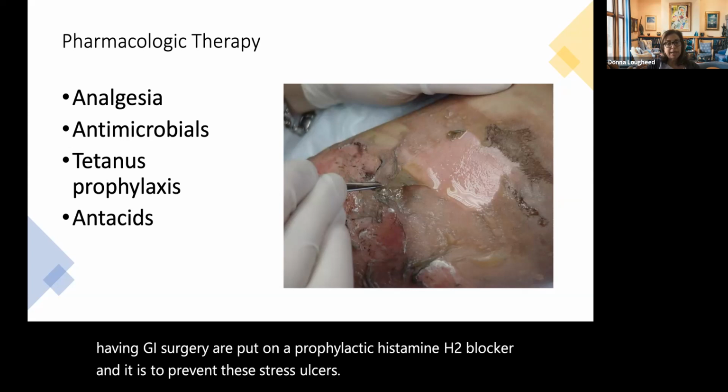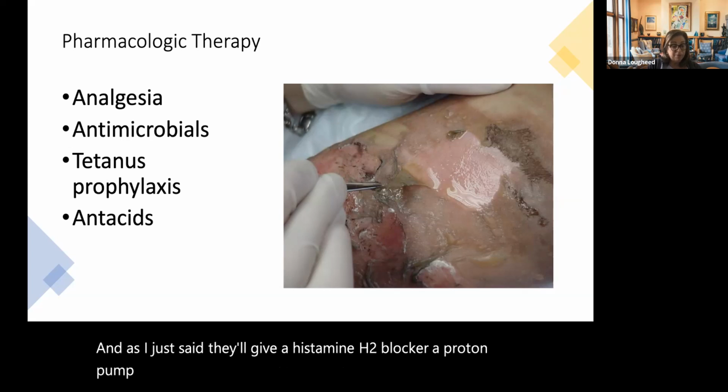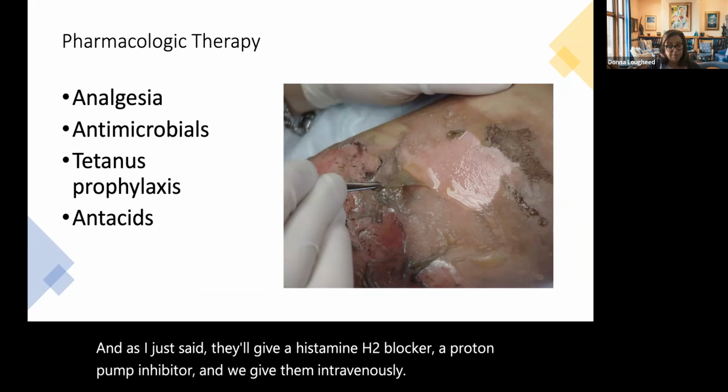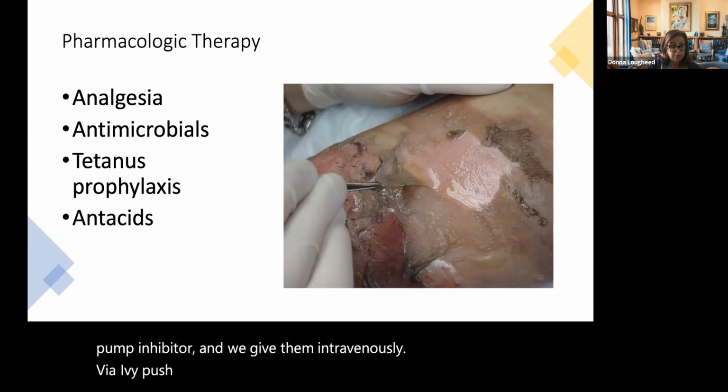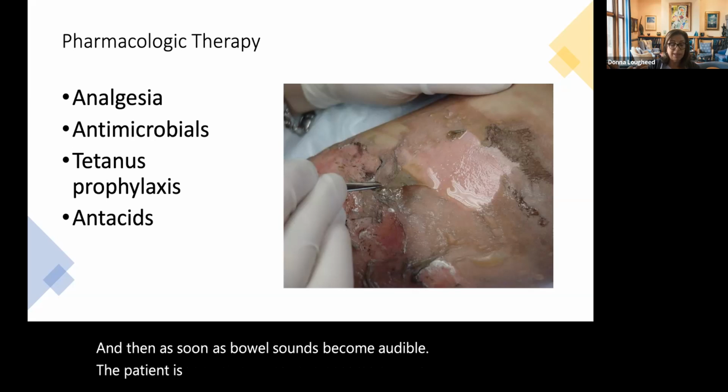And as I just said, they'll give a histamine H2 blocker or a proton pump inhibitor. We give them intravenously via IV push or a continuous infusion. And then as soon as bowel sounds become audible, the patient is placed on a PO antacid regimen.